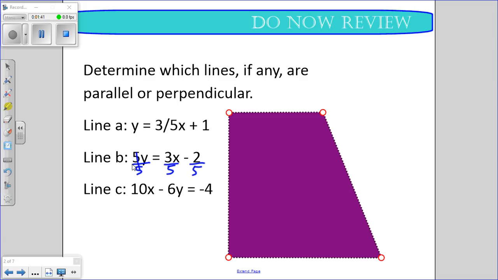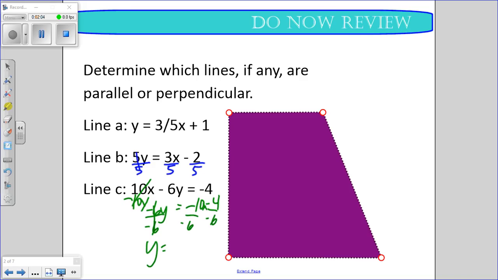When you're doing line C, you're going to have to do a little bit more. We're going to take this to the other side. Negative 10 minus 10x minus 4, sorry. Negative 6y. Then divide this by negative 6. Remember, both by negative 6. And then you need to simplify your fractions.